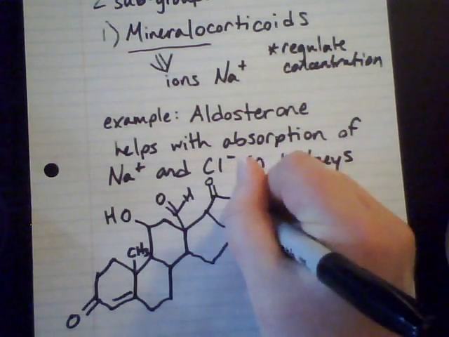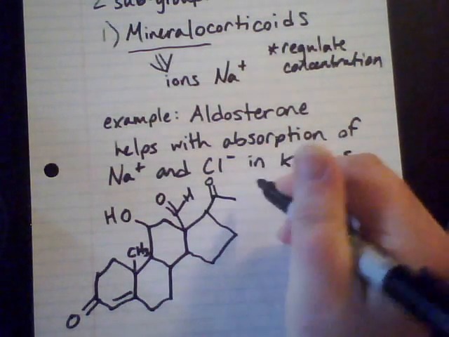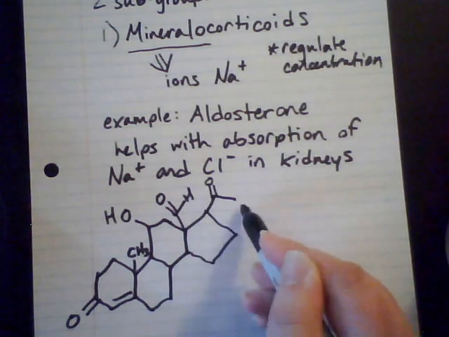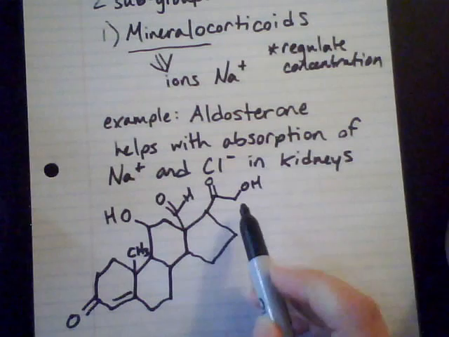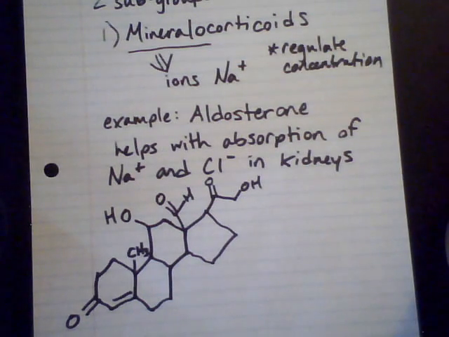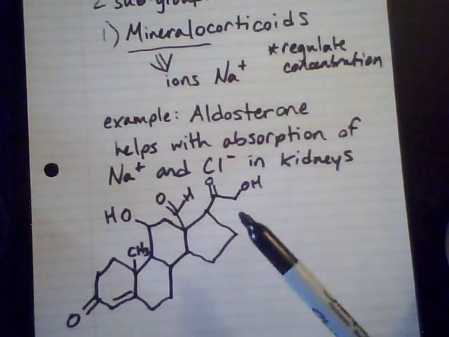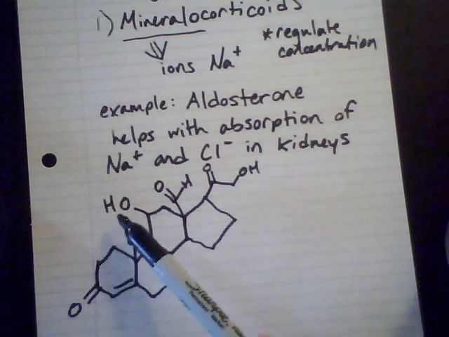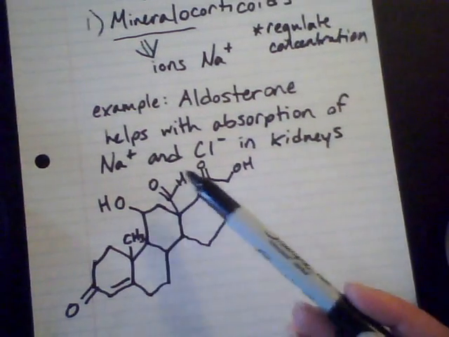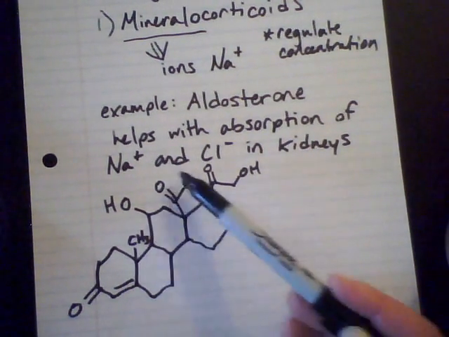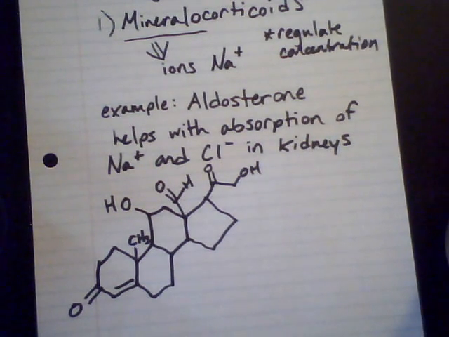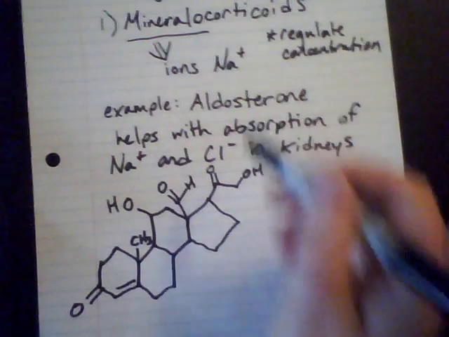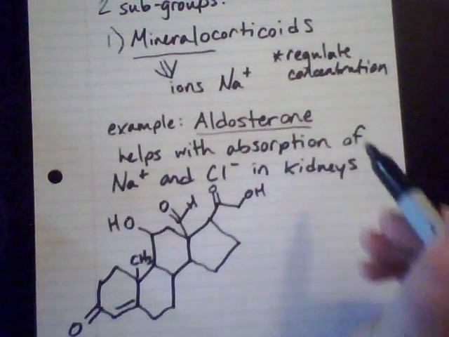Here's a carbonyl, and there's our carbon, carbon, carbon, and then off of this is an OH. Okay, so this carbon is attached to an alcohol group. So we can see that we have a number of different alcohol groups here. There's one here, so there's our hydroxyl groups. We have an aldehyde right here, and we have 2 ketones, one right here and one right here. Okay, so this is aldosterone. That's this guy right here.